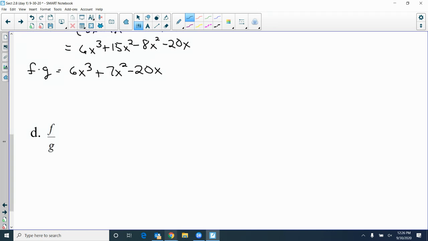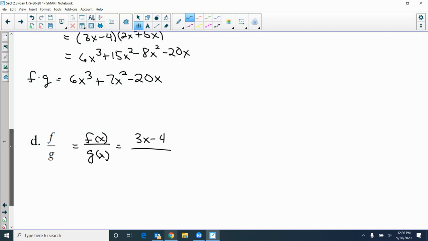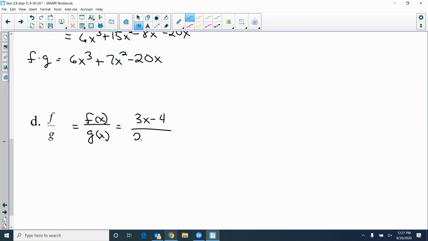We're going to have a division. That means we're going to have a denominator. And so it equals f of x over g of x, and it's 3x minus 4 over 2x squared plus 5x.